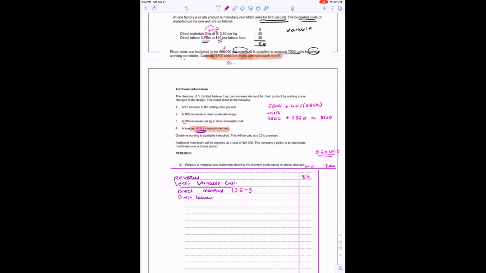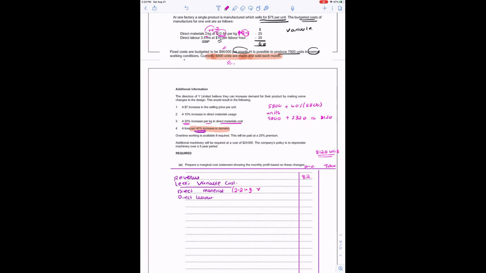And 20% increase per kg in the direct material cost. So the cost is 12.50. The cost would also increase by how much? 20%. 12.50 into 20%, 2.5 you will add up. So the total will be 12.50 plus 2.5.